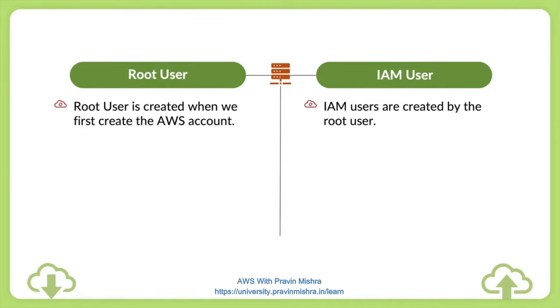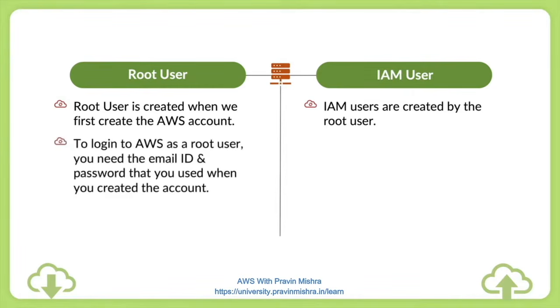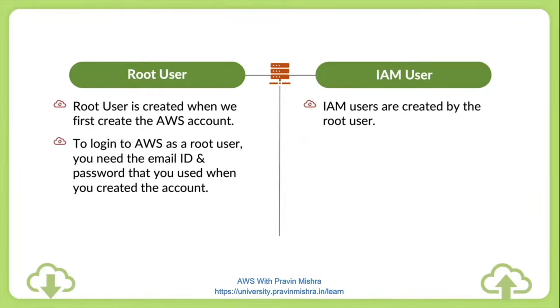Now, let's go to your AWS account and log in as the root user. To log in as the root user, you need the email ID and password that you used while setting up your AWS account. Along with that, you also need the multi-factor authentication that we have enabled earlier.